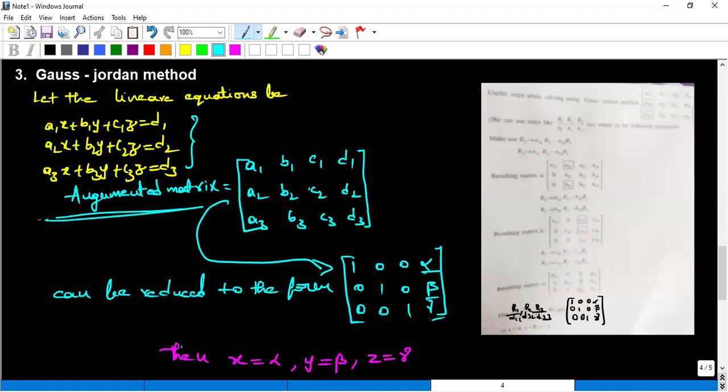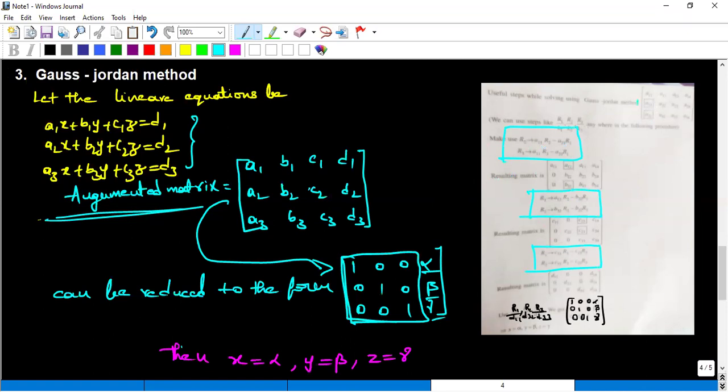You can see here some description of how to reduce it into this particular form using row transformations. If you want, you can take the help of these particular steps. So it will be easy for you to find out this 3 by 3 matrix.